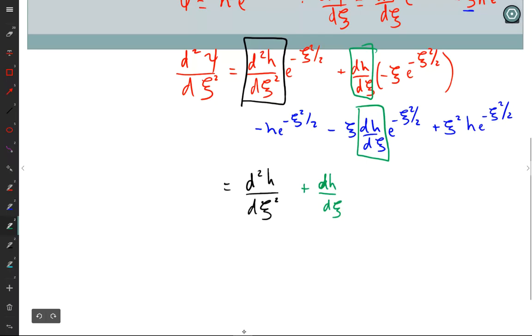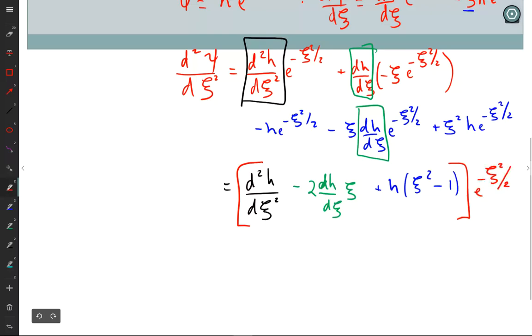They're exactly the same thing. So it's just 2, and I have to change that to a minus sign because it was minus c. And then the 2 remaining terms, and then what they all had in common. So there's my second derivative.